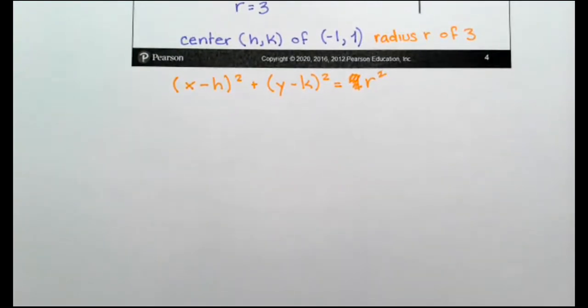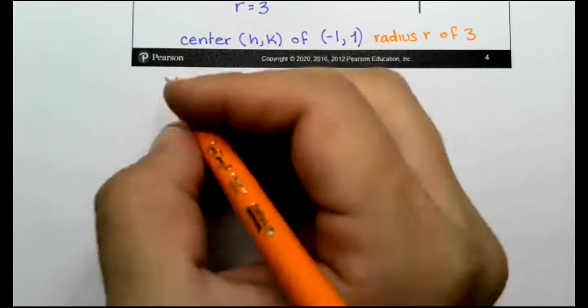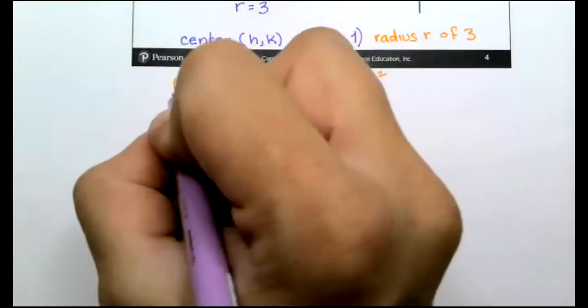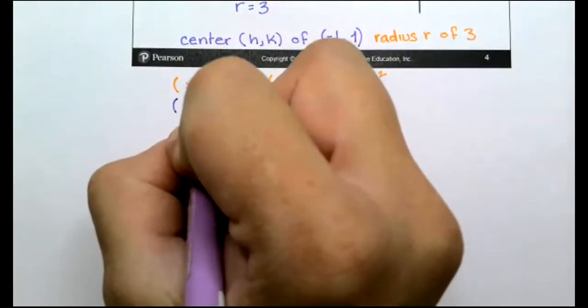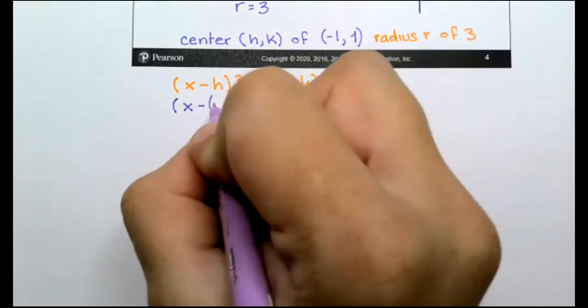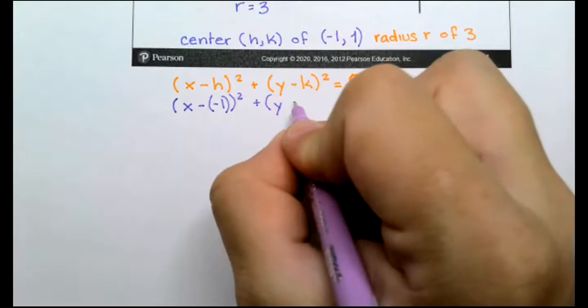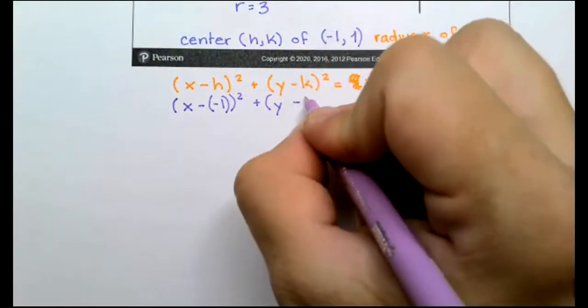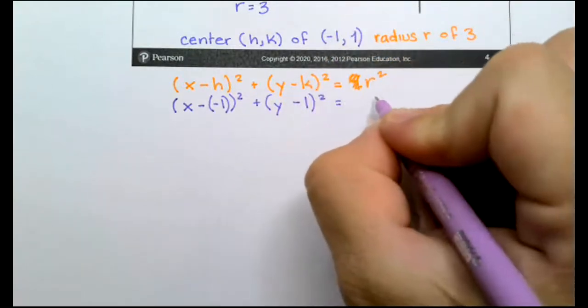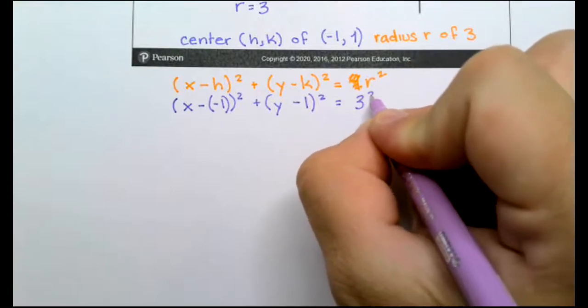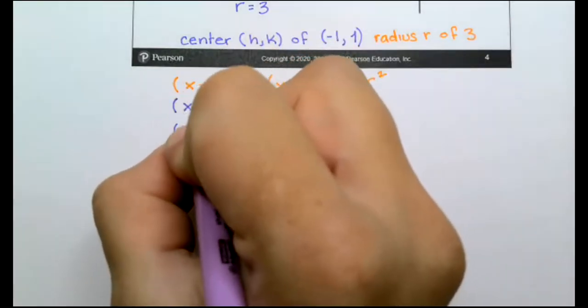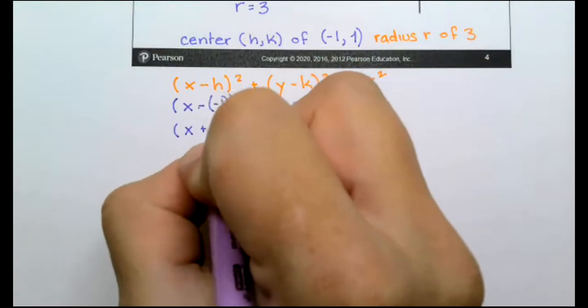Because I just kept saying, flip the sign, flip the sign, flip the sign. So if I put those in, x minus -1 squared plus y minus 1 squared equals 3 squared, I will get minus a negative is a plus.